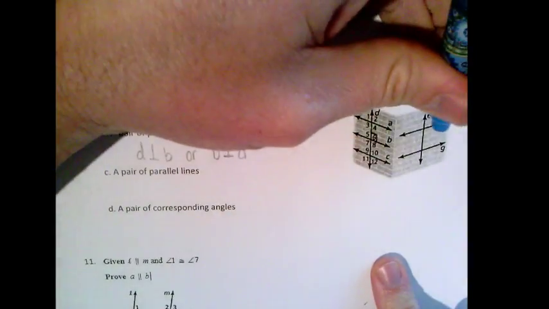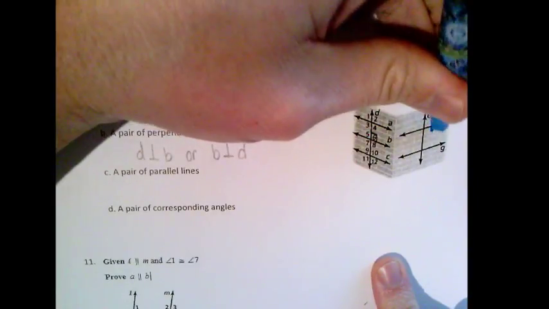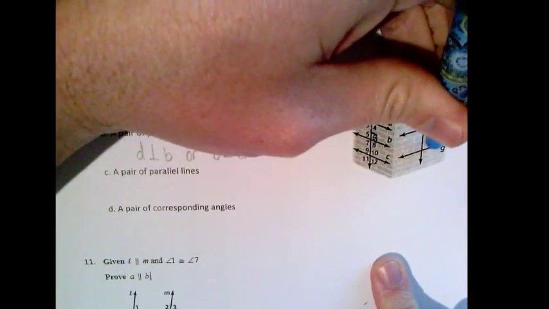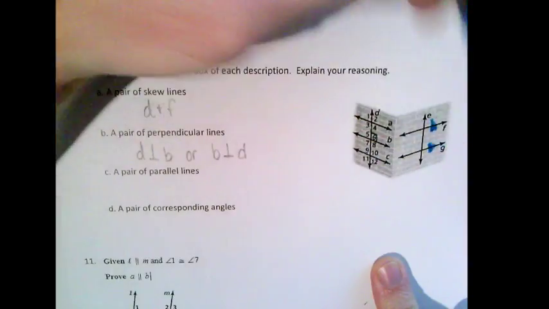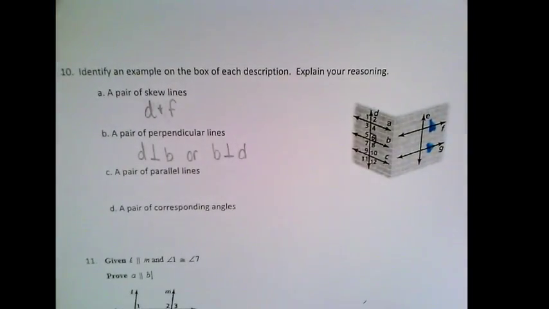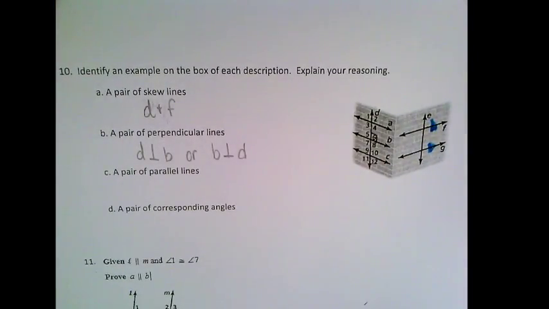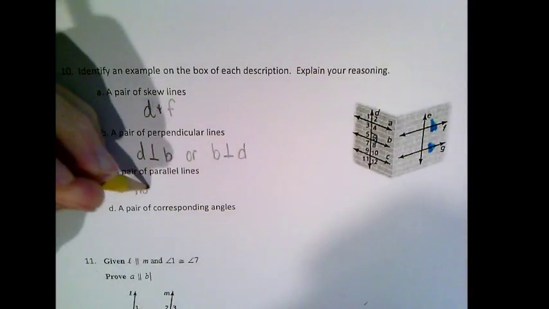If they had little arrows like this, we could assume that those are parallel, but there are no marks on any of the lines. So our answer to that is none. There's no markings. That's actually the best answer. None.